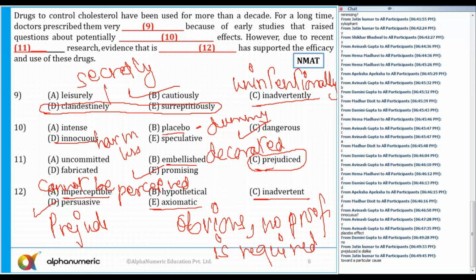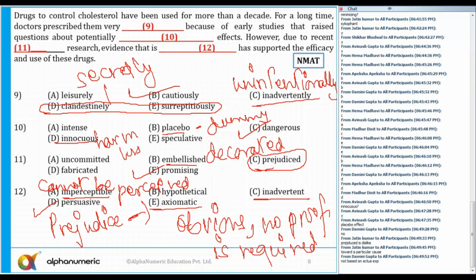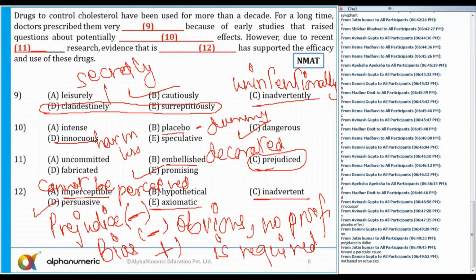Prejudice is always negative, okay? If you are prejudiced towards someone, it's always negative. You can only see bad things. And bias can be both. You are negative towards something or you are positive towards something. You tend to lean towards something, or you tend to stay away from something.